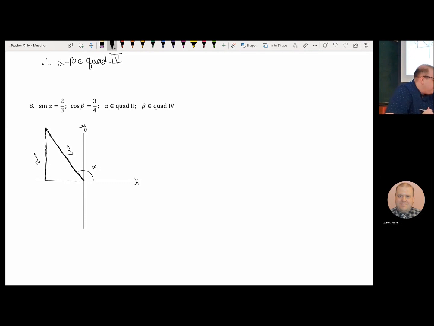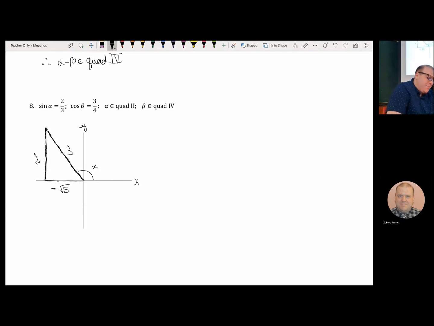What does that make this? Negative root 5. That's why I said they're not lengths. I almost made a big mistake on the test with that. This point here is the point negative root 5, 2.